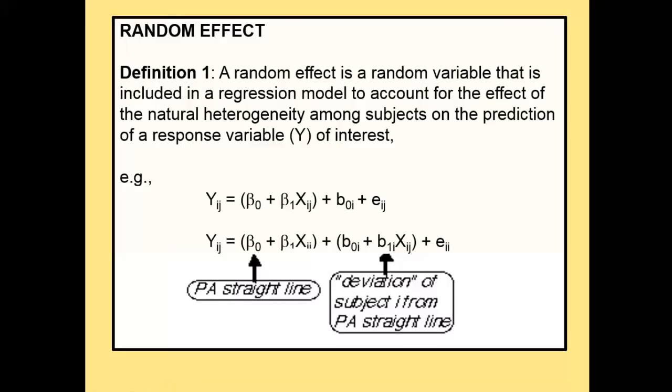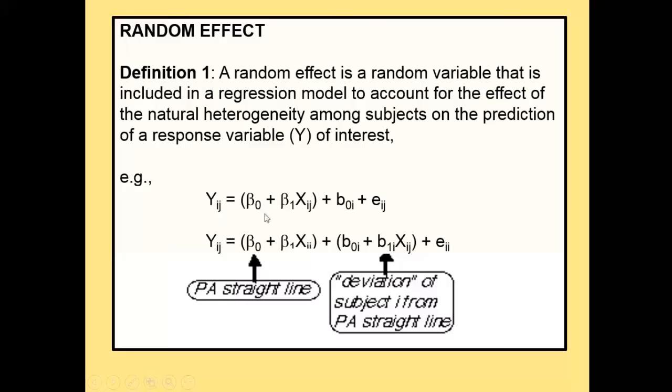I've just written two models, and both of these models are linear models. The outcome's y, not the probability of y equal to 1 or a logit or anything like that. In the first model, y is the outcome variable, the jth outcome on the ith subject.